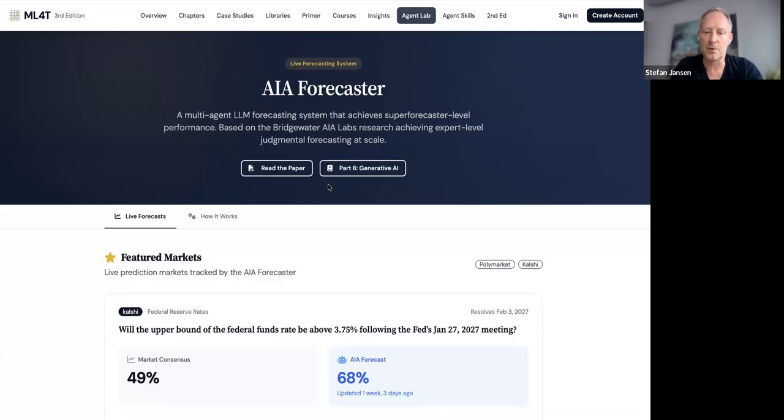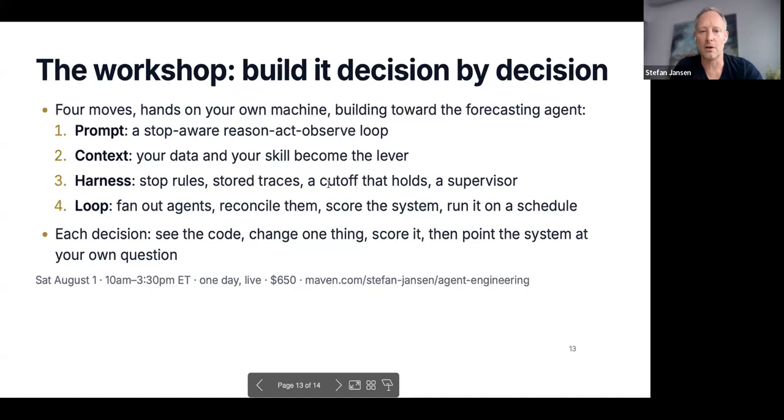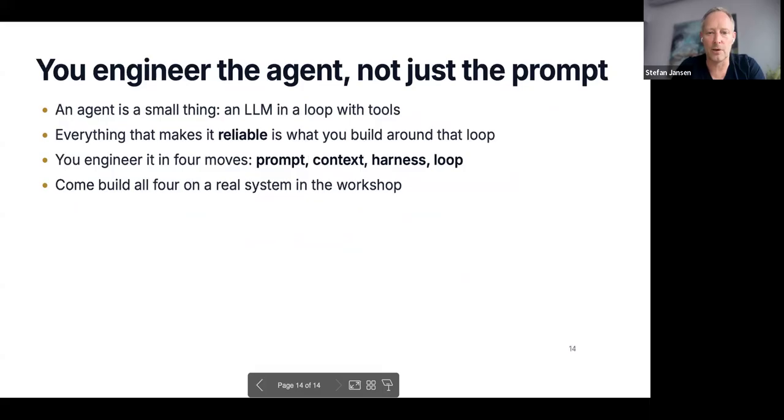All of that system, together with the production deployment, is the subject of the workshop, going through the prompt, context, harness, and loop stages, and at each stage discussing in detail what options you have to design such a system according to your design choices.